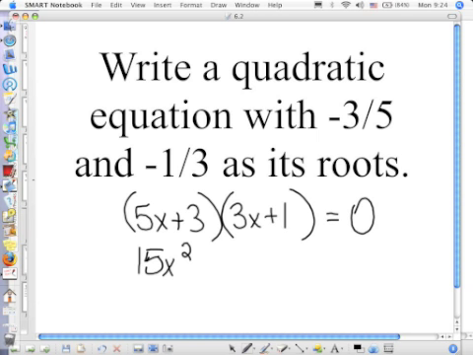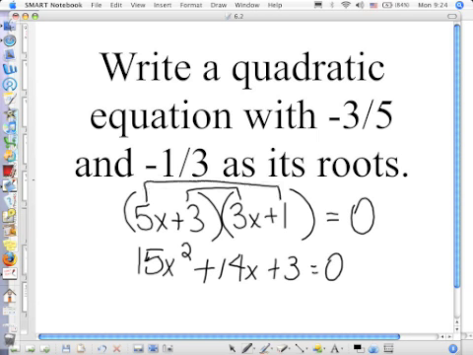Nope. 15x squared. Where do you see a minus sign? My math is messed up. Well, there's no minus signs anywhere, though. I just messed up on my paper. Plus 14x plus 3 equals 0. 15x squared plus 14x. How do we get 14? 9 plus 5. 9 plus 5 is 14. And then last times last gave me 3.